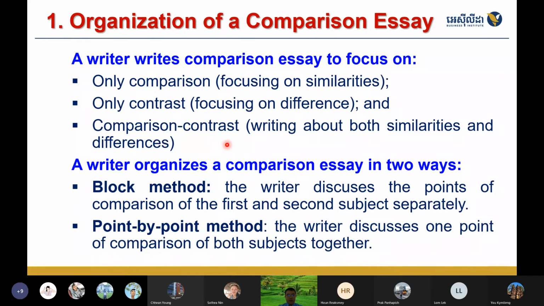Block method: the writer discusses the points of comparison of the first and second subject separately. Point-by-point method: the writer discusses one point of comparison for both subjects together. That's all.